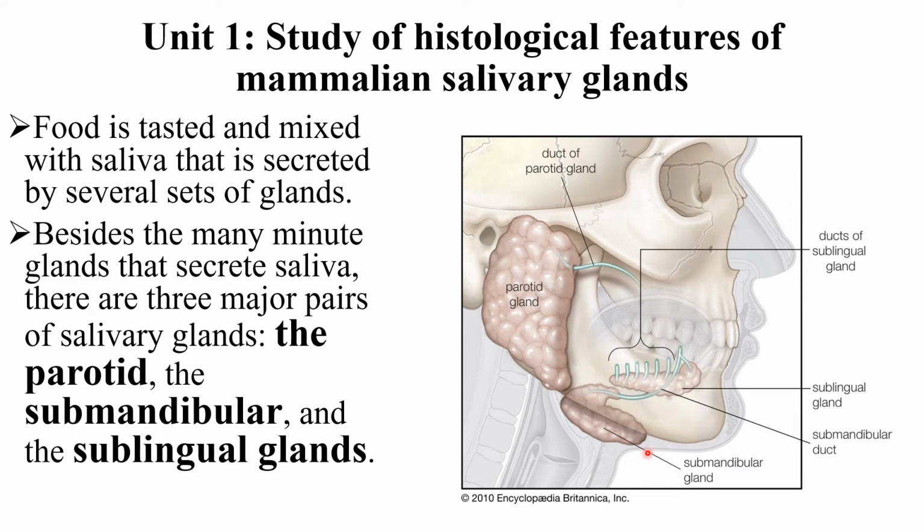And the third one, which is situated at the base of the tongue, is called sublingual gland. The ducts of all these three glands reach the buccal cavity and they drain the secretions of these glands directly into the buccal cavity.